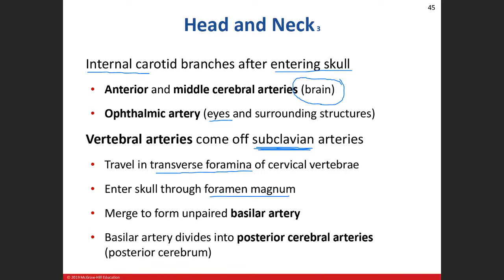The internal carotid, as I said before, and I'll say it again, enters through the carotid canal. The left and right vertebral arteries merge together and form what's called the basilar artery. The basilar artery gives off these little branches here, but the basilar artery will then split into our left and right posterior cerebral arteries.